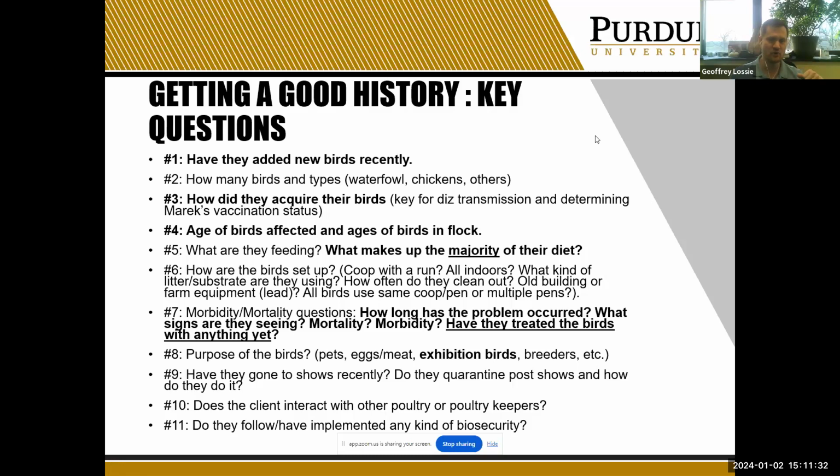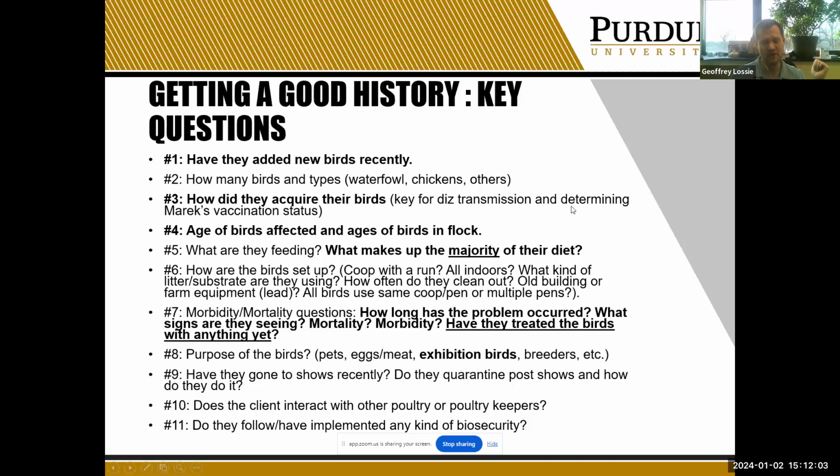And so adding new birds, taking birds to show, coming back, almost inevitably somebody will say, yes, I did just add some new birds. You also want to ask, how did they acquire their birds? Again, did they get it from a neighbor down the street? That's a super common one. Hey, my neighbor moved down the street and they asked if I could take their chickens for them. And I said, yes. And now I'm seeing signs of XYZ disease.